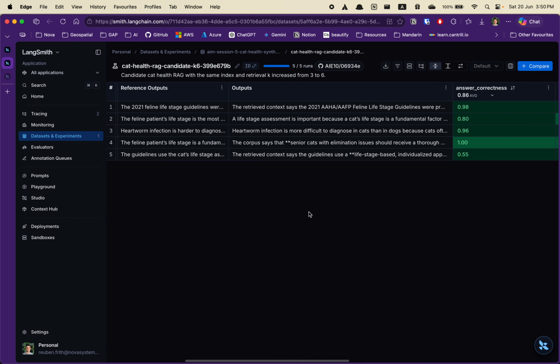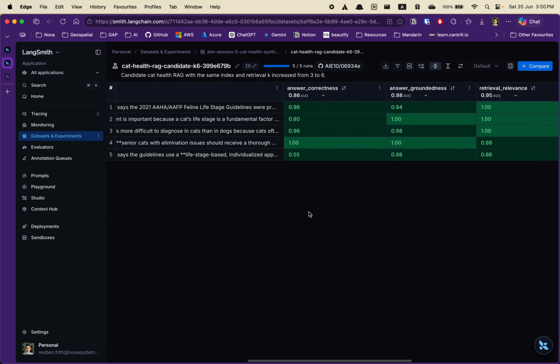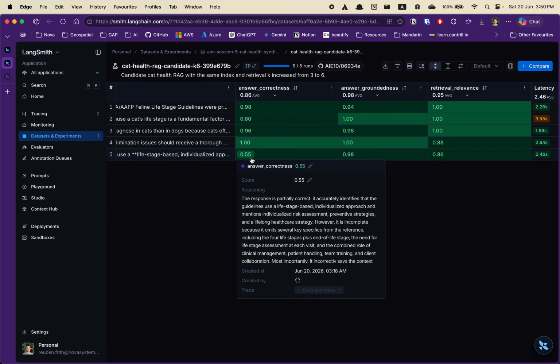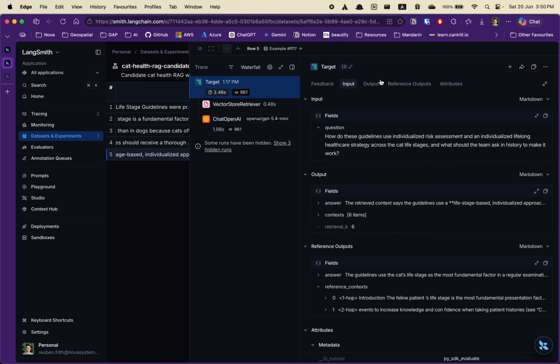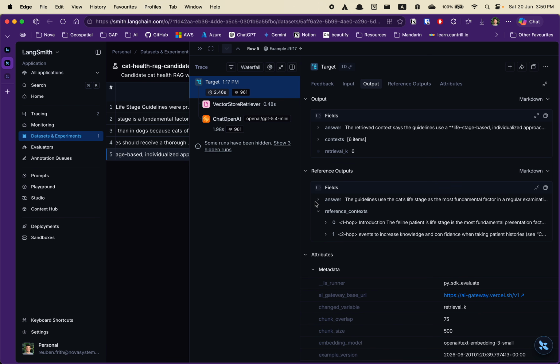You can see overall there was actually a bit of an improvement. We went from 0.45 to 0.55, so we could say that, and we can see whether or not it was actually able to answer that question.